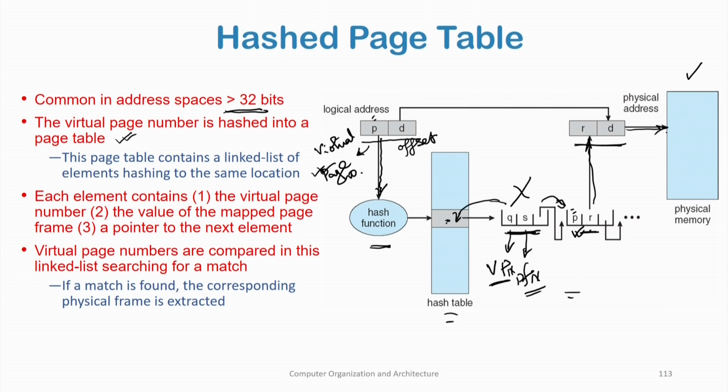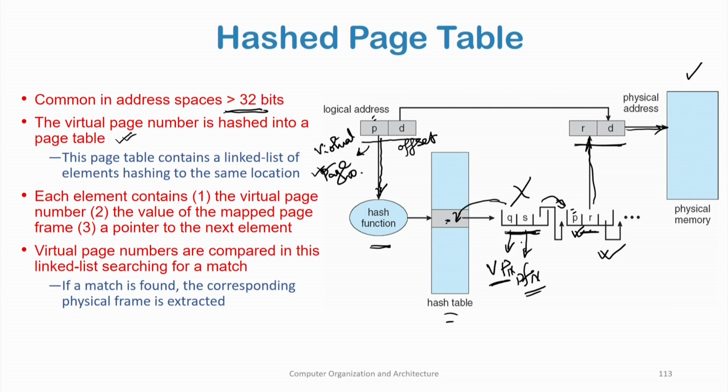If a particular virtual page is not there in physical memory, it will not be found here. Okay. So, in this scheme, we only keep those elements for which I have physical memory pages mapped to the virtual addresses. If I do not have physical memory pages mapped to the virtual addresses, I need not keep them in this hash table.